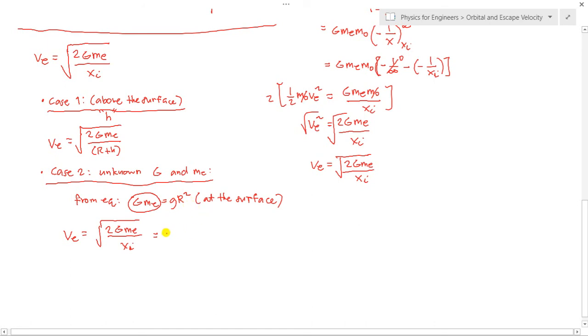So therefore V_E is equal to the square root of 2 g R squared all over x sub I. Now if the initial position is at the surface of the earth.